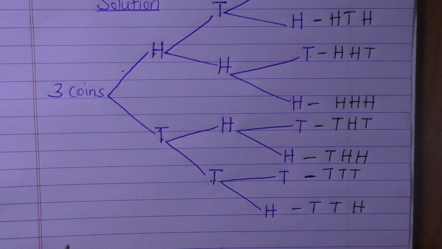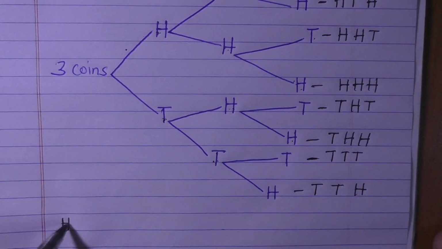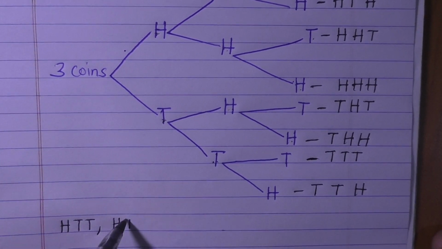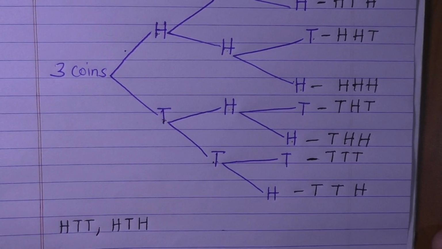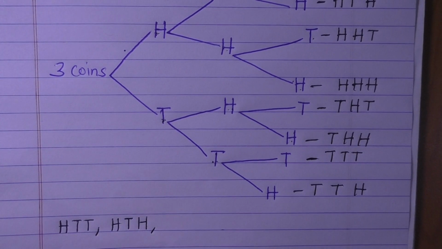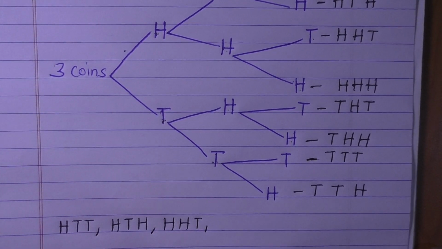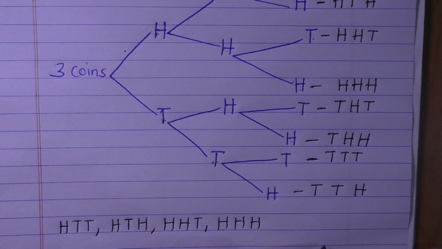So let us list them. We shall have head, tail, tail. Tail, head, tail. Head, tail, head. Or we can also have head, head, tail. Or we can have head, head, head.